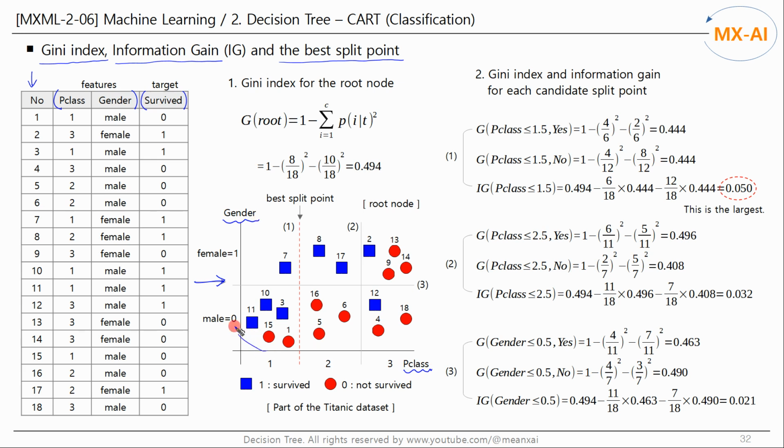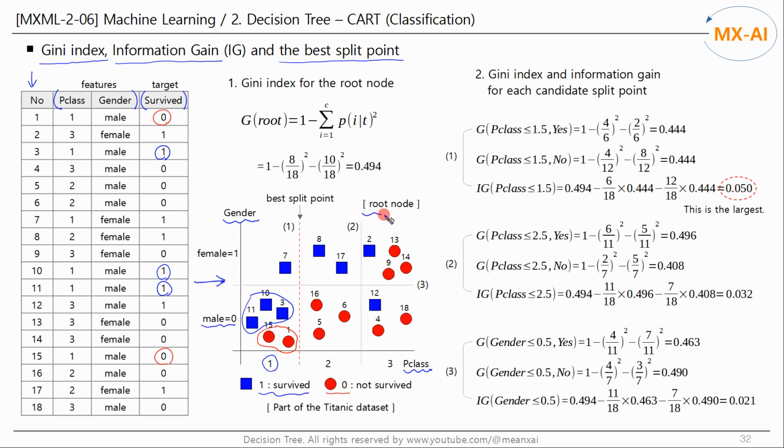There are 5 data points where P-class equals 1 and gender equals male. The blue squares are data points where the target variable survived has a value of 1, and the red circles are data points where survived has a value of 0.